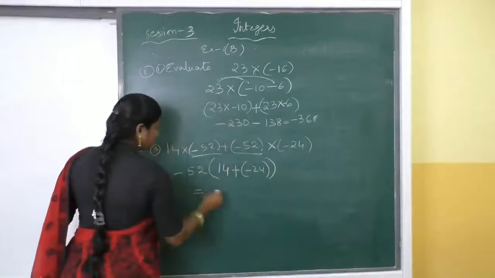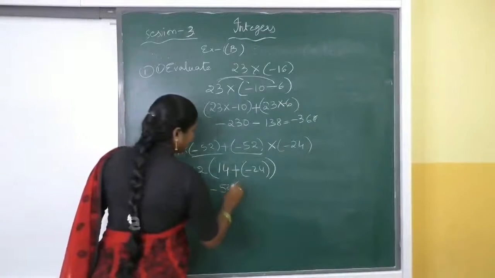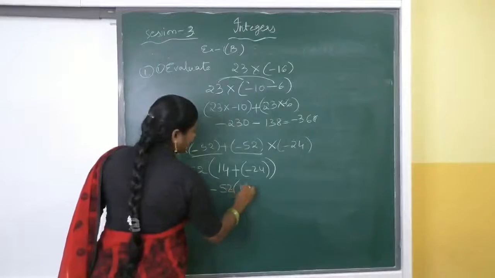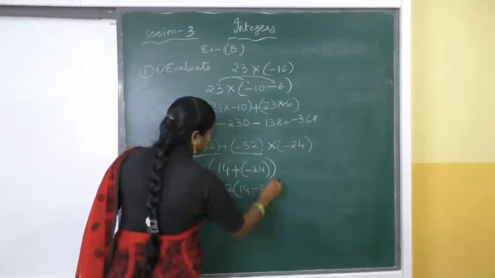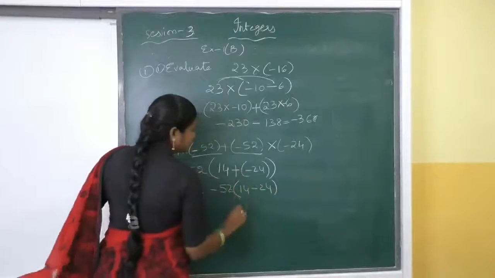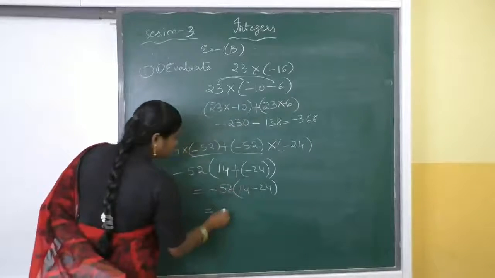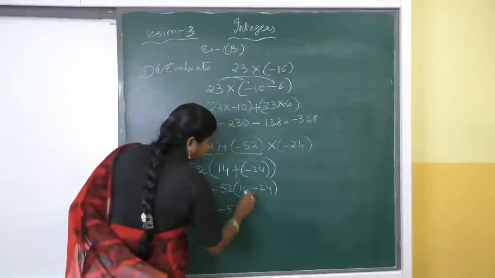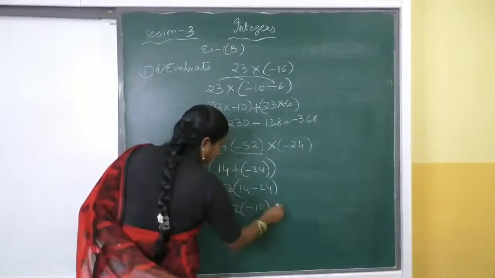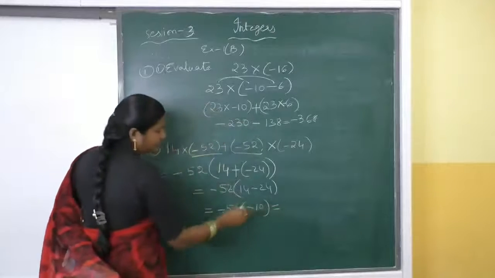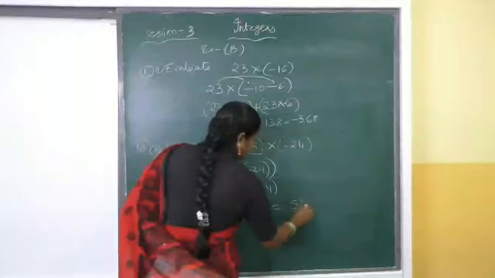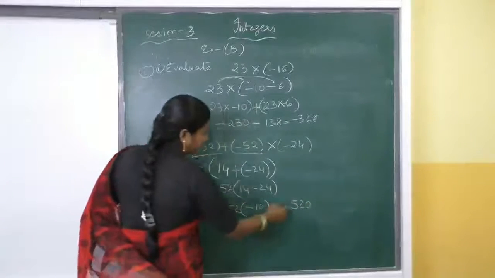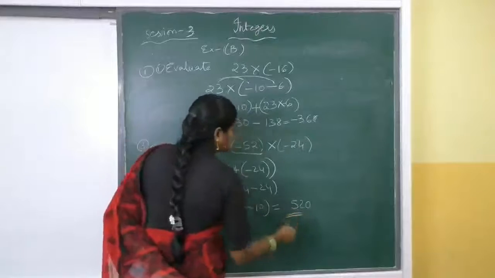So it is equal to minus 52 into 14 minus 24. What is plus into minus? Which gives the result as minus. So it is equal to minus 52 into minus 10. What is 52 into 10? It is 520. What is minus into minus? Which is plus. So 520 is the answer.